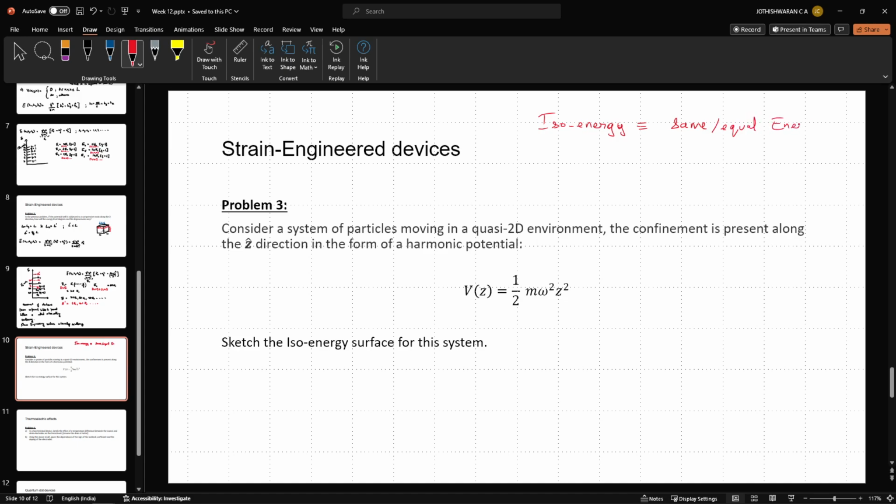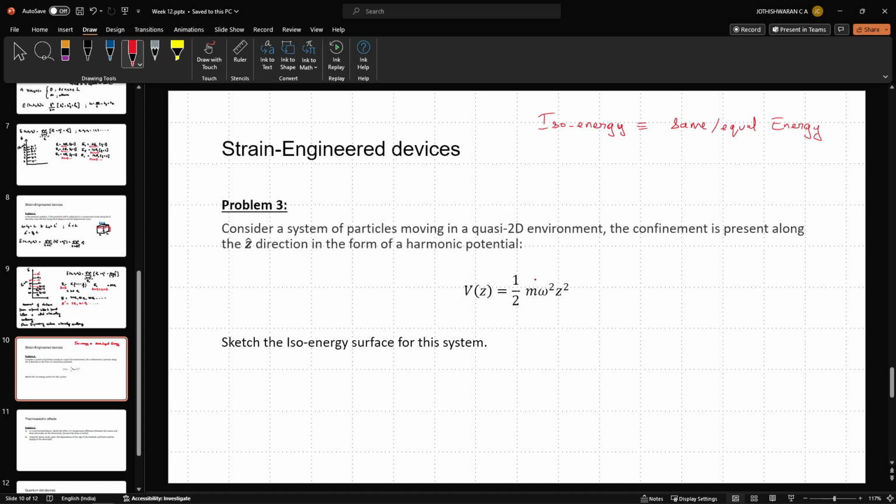So this is like the equivalent or analog of the equipotential surfaces that we draw. So in electrostatics or any kind of field theories that we study, when we have some kind of a force field, we will sketch surfaces that are equipotential surfaces where the value of the potential remains the same. So this is kind of similar to that, where instead of equal potential, we sketch surfaces that are equal energy. So those are your isoenergy surfaces.